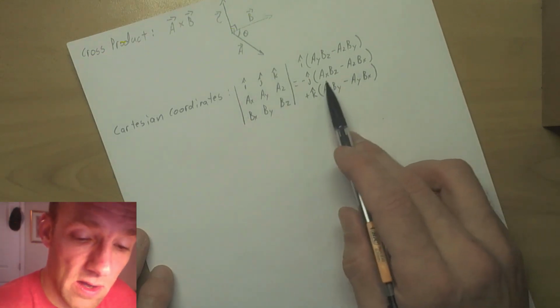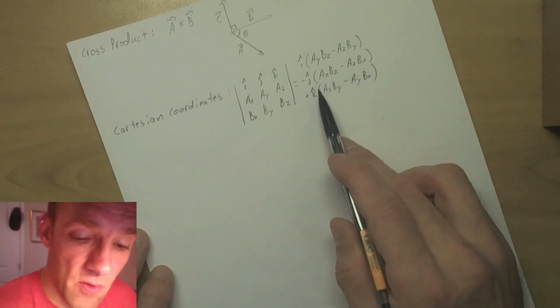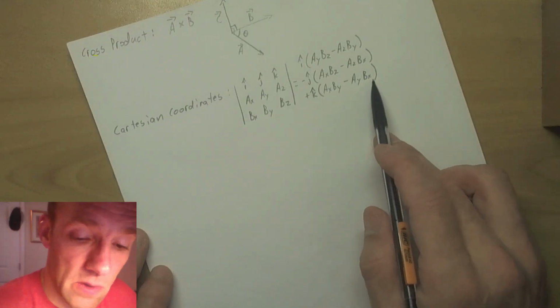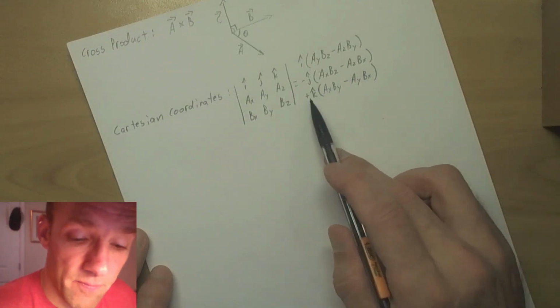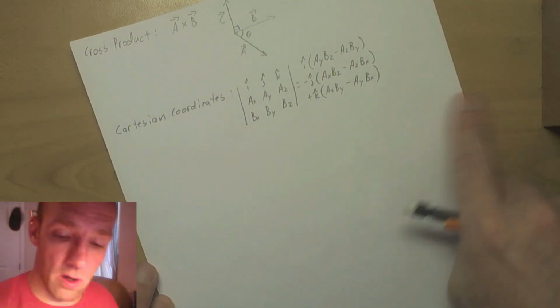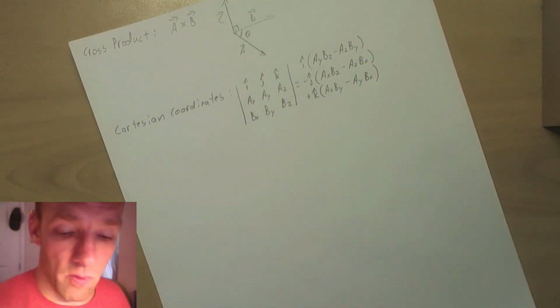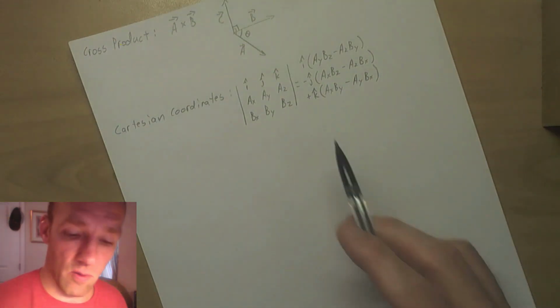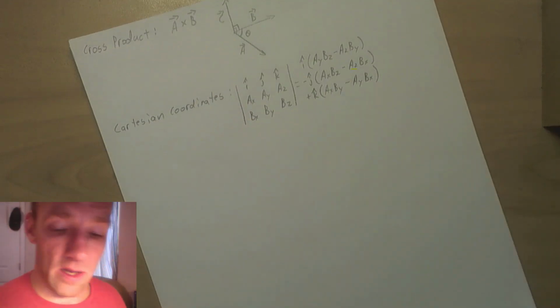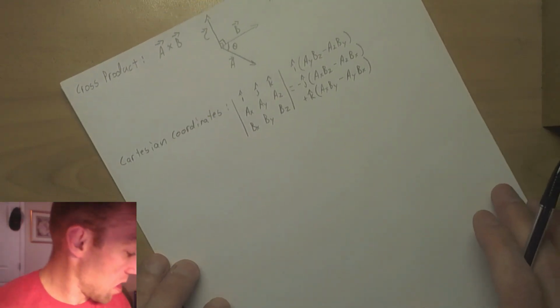So this formula here gives the cross product in 2 dimensions. I'm being a little loose with it, but the XY plane is just a special case of 3 dimensions. So the procedure works regardless. It's just easier in 2 dimensions, I guess.